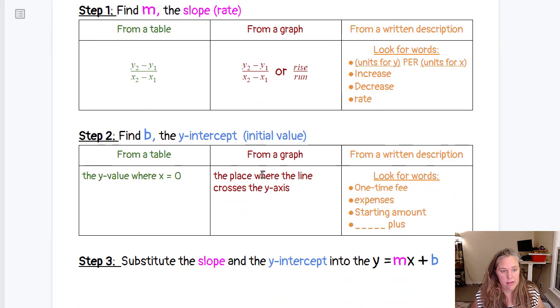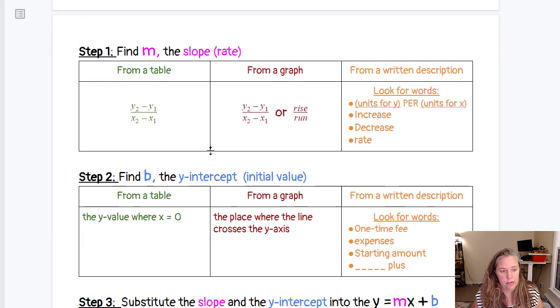These are going to be steps for how to do this. Okay, so step 1 says find m, the slope. And then just to remind you, if you have a table, you can do y2 minus y1 over x2 minus x1. If you have a graph, you can do the same. You can use the slope formula, or you can do rise over run.